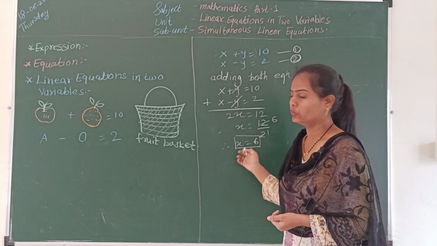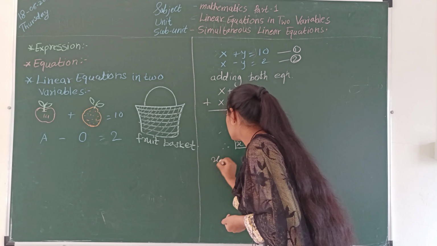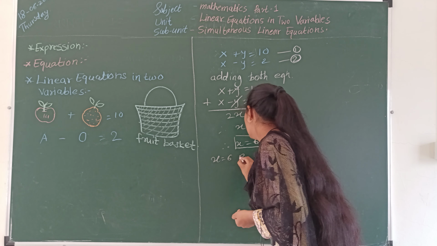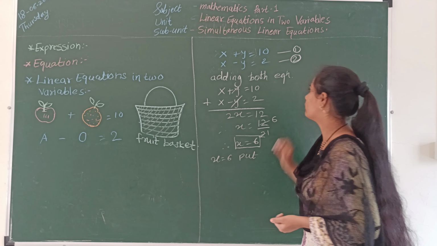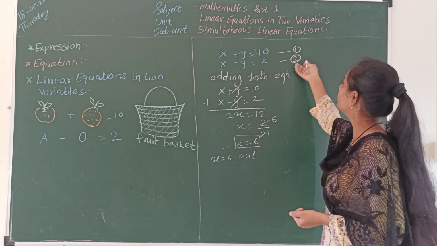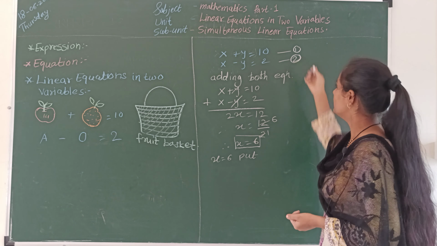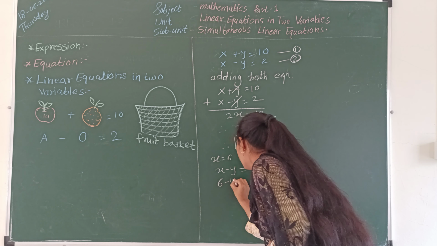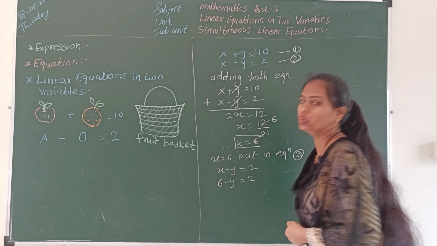Now this value, x is equal to 6, I will put in any equation. I will put it in the second equation. What is the second equation? x minus y is equal to 2. What is x's value? x is equal to 6. 6 minus y is equal to 2.